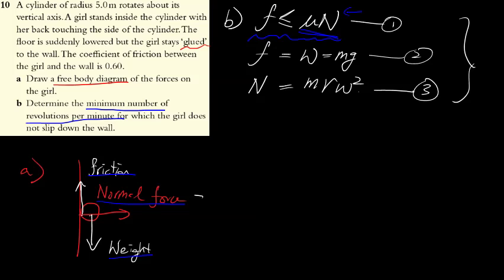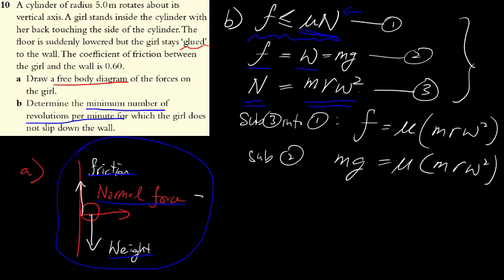Remember the relationship you learned previously: the greater the normal force, the greater the friction on the surface. Second, the friction equals the weight, since we have drawn the free body diagram and it's not slipping, so they have to be the same. And lastly, the normal force, which is relevant to the circular motion, so I'll write this equation here.